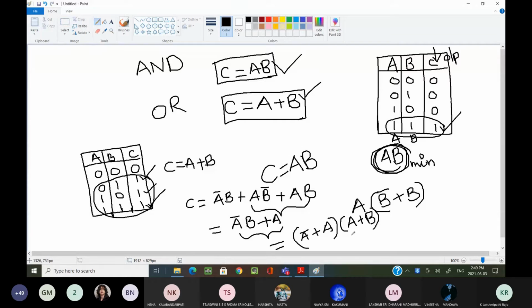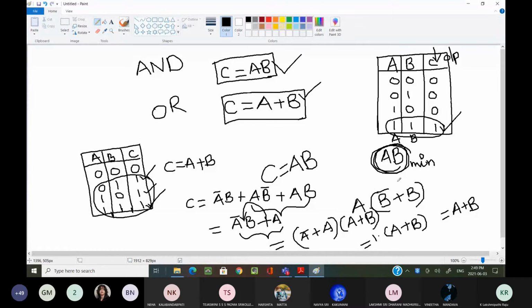I can write it as A plus B, because plus is distributed over dot. Now A bar plus A equal to 1, so 1 into A plus B. What you are getting as the final expression is A plus B. In that way, we are getting the logical expression for our operation.